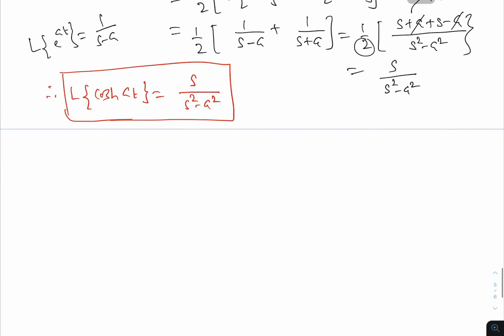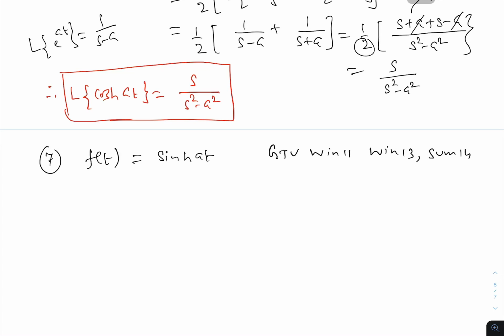Let us take sine hyperbolic at. And this was asked many times in GTU: winter 11, winter 13, summer 14, winter 15, summer 15, don't know why so many times.